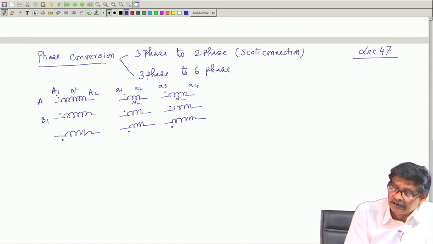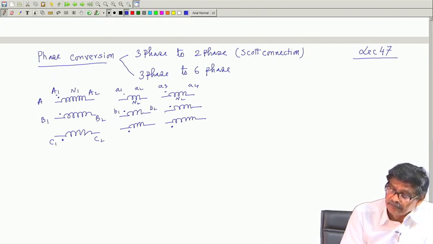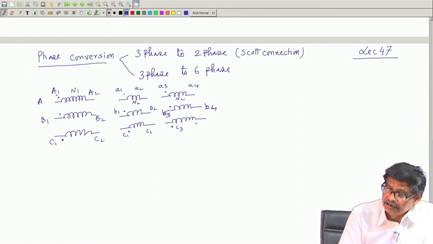These are all N1 turns, these are N2 turns. B1, B2, C1, C2, then B3, B4, and C3, C4. Clear?